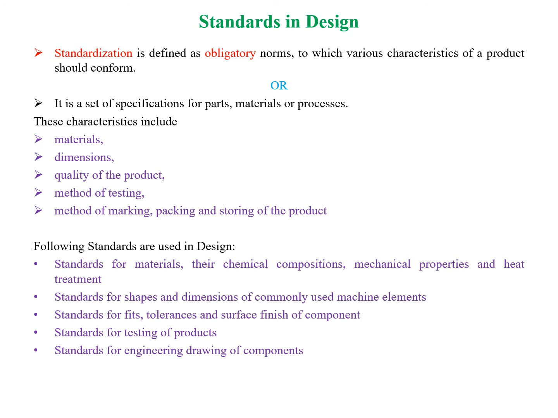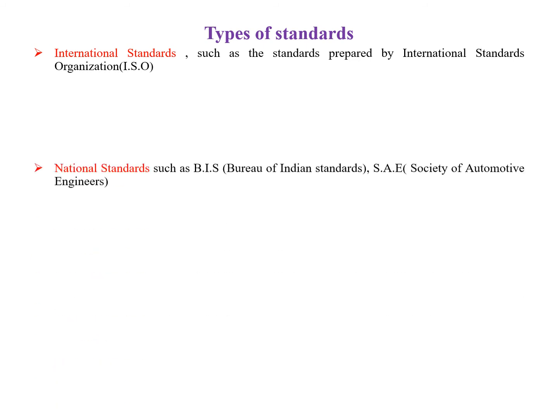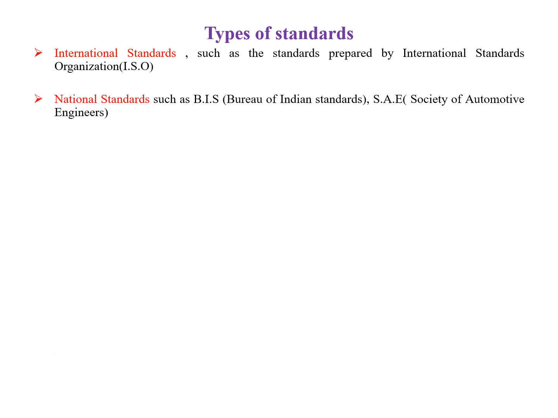Next are the types of standards that we follow: international standards, usually the International Organization for Standardization, ISO; national standards like BIS, Bureau of Indian Standards; and company standards, where companies have their own standards in manufacturing and other processes.